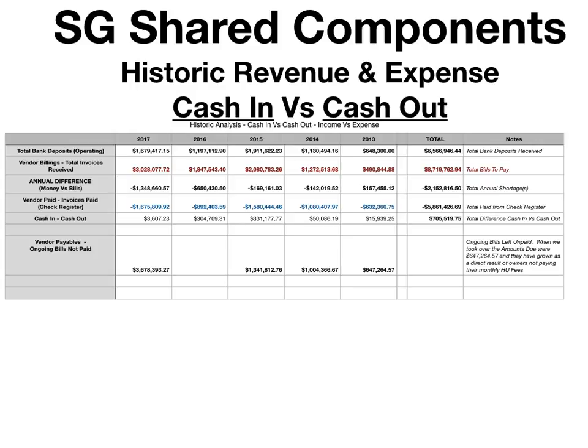From 2013, there was total invoices recorded of $490,844.88. And in 2017, total invoices received and recorded into the system were $3,028,077.72. And basically, these invoices represent the bills that need to be paid for the building.